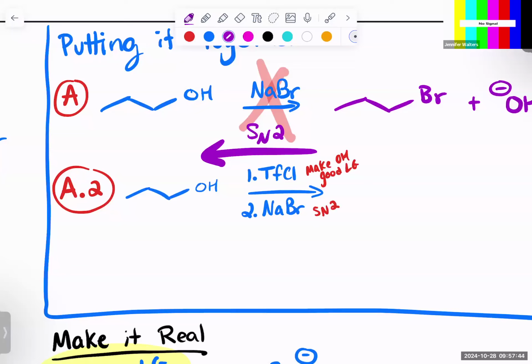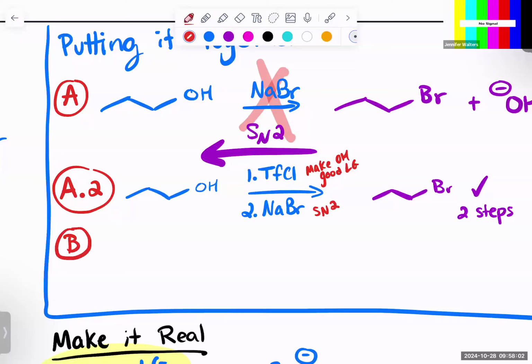That does give you your desired product. So if we don't care about step count, then beautiful. That works absolutely. That's a reasonable synthesis.